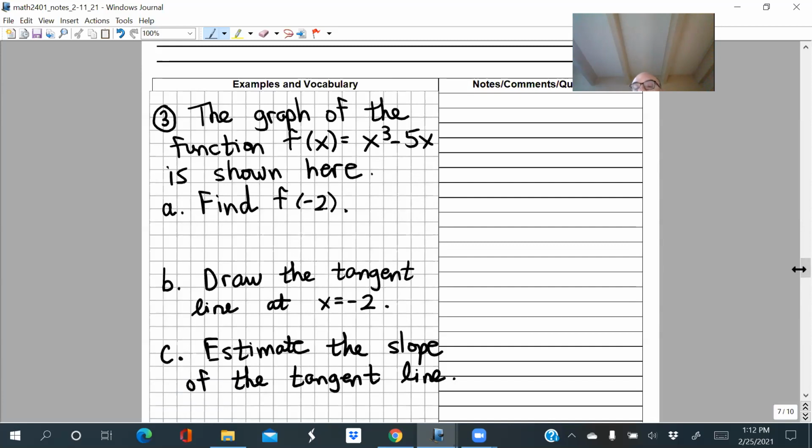But let's recapitulate here before we stop for the weekend. So we know now that we can find instantaneous rates of change at a point on a curve by finding what? The tangent line, and looking for what of the tangent line?